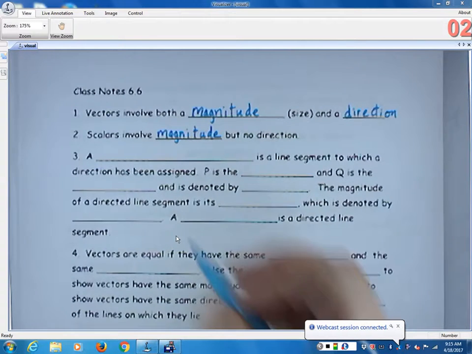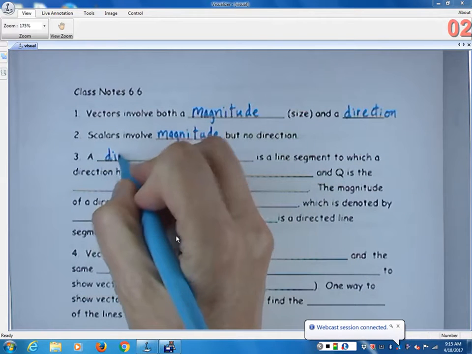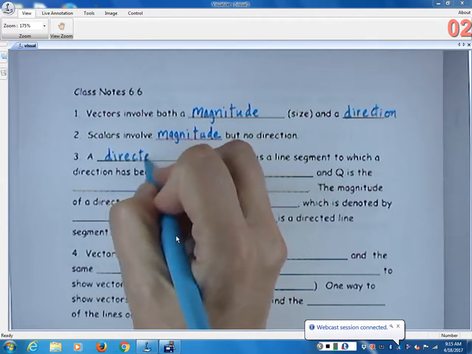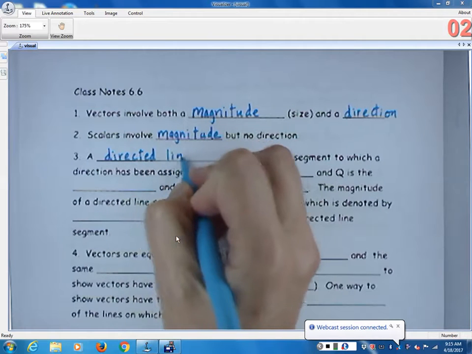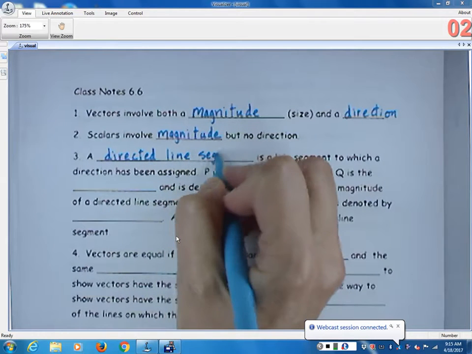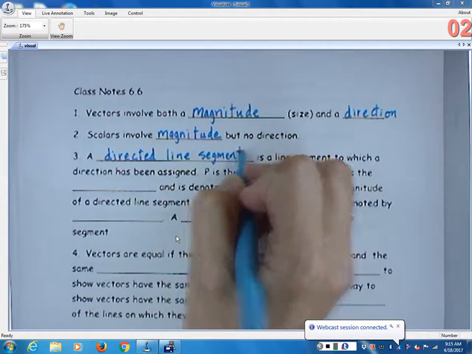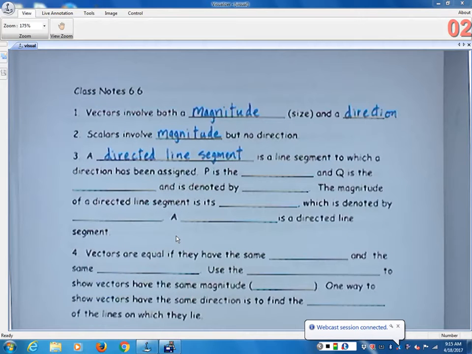A directed line segment is a line segment to which a direction has been assigned.